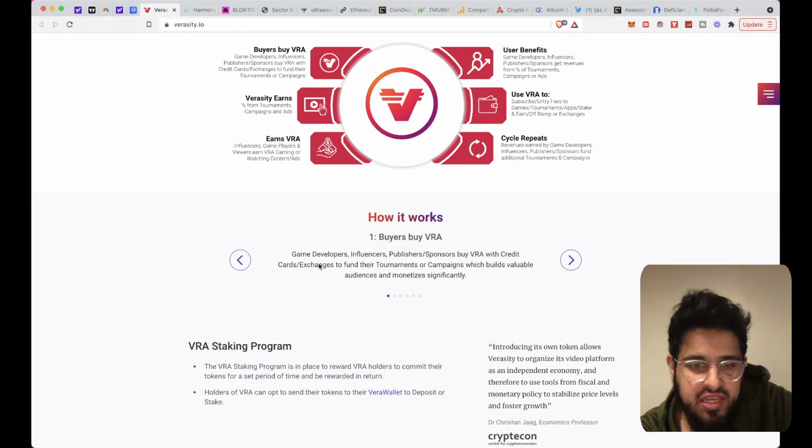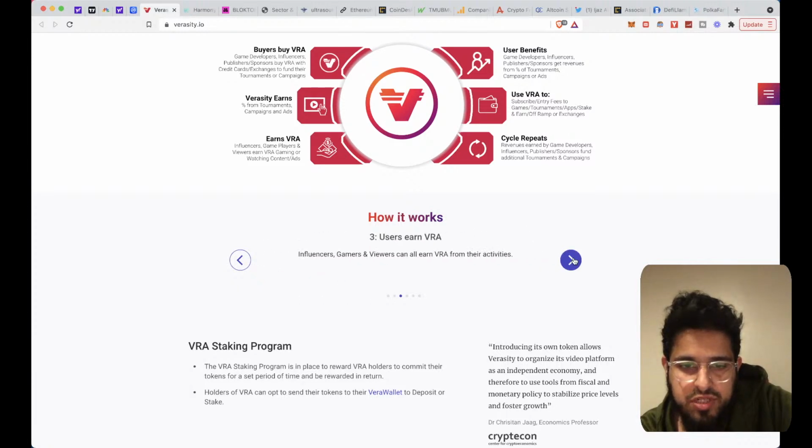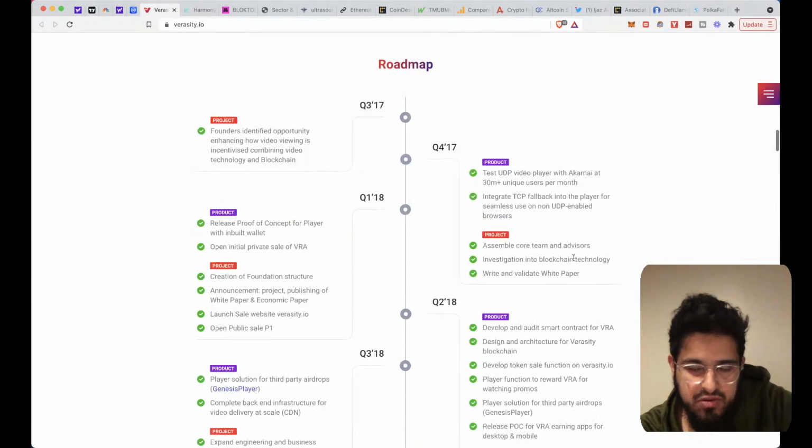Game developers, influencers, publishers, sponsors buy Veracity with credit cards or exchanges to fund their tournaments or campaigns, which builds a valuable audience and monetizes. Publishers reward Veracity to reach and engage potential users playing tournaments, subscribing to games or viewing videos. Users earn Veracity, and then Veracity earns. Interesting, and you can stake as well.